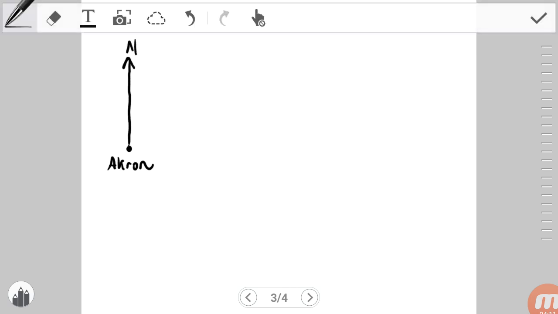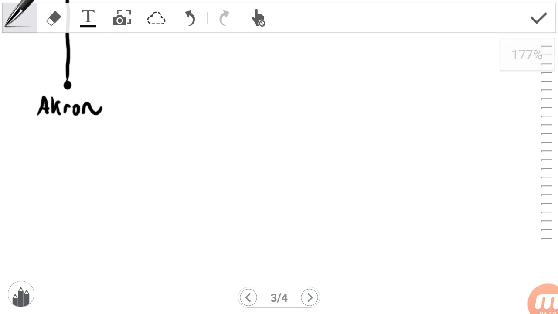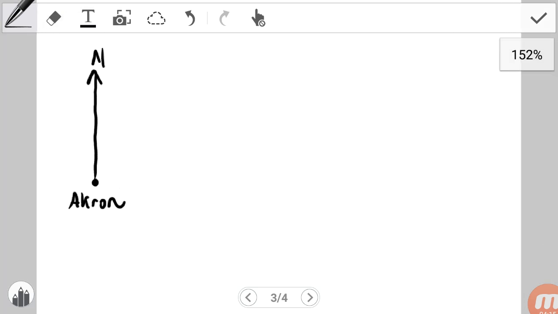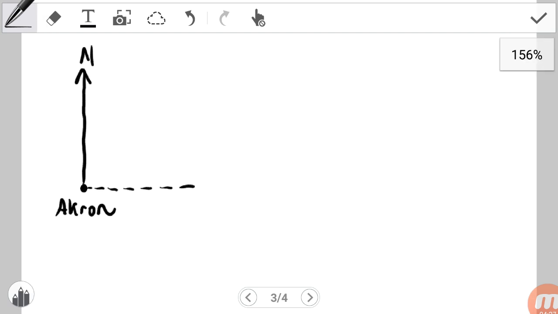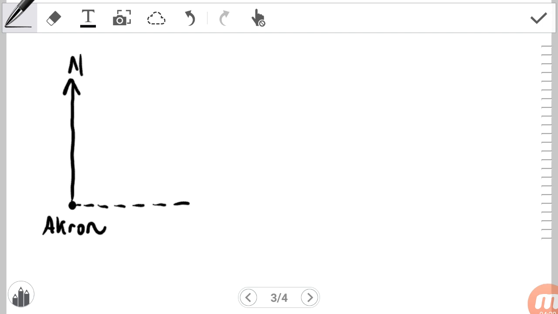With that north line, we establish our 35 degree bearing, so we need a guideline. Right through here would have been 45 degrees, so 35 is just a little bit above the middle, in this direction.